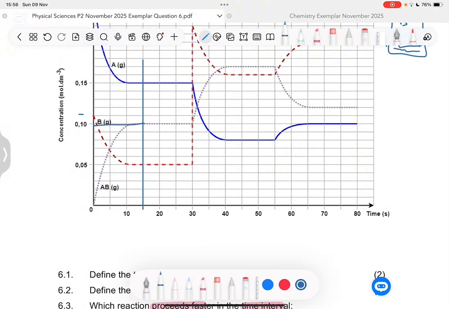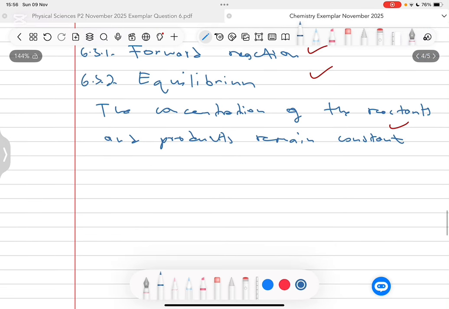Now we know that our product will be measured here. So I'm going to write down my formula of Kc, which is given by Kc equals the concentration of AB. Remember, AB is the product.